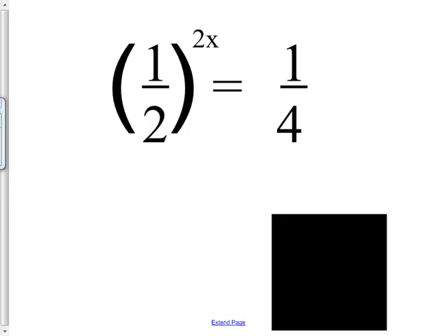Next one. Do you get how they both can be written as a 2 to the something? They can. This is testing your ability to handle negatives. Try it. This can be 2 to the something. This can be 2 to the something.